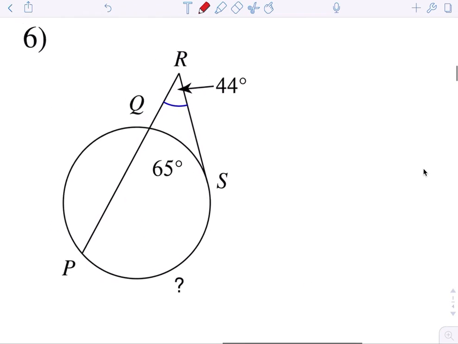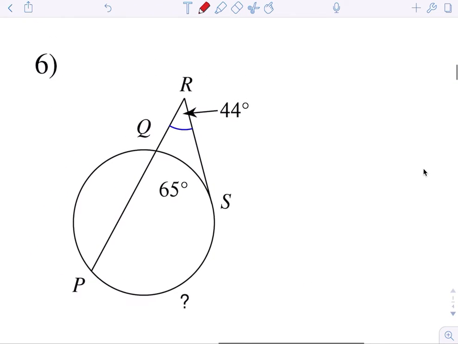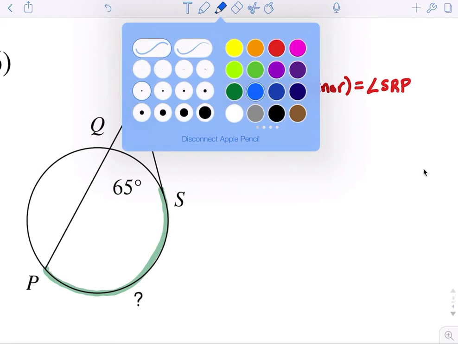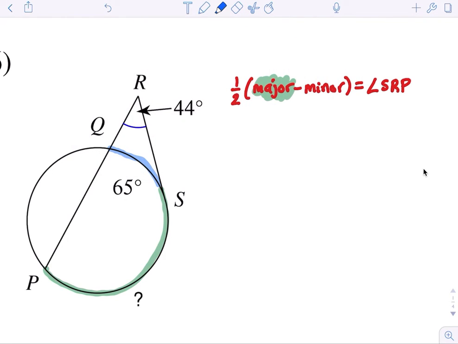Number 6. Okay, so this is 1/2 the major minus the minor is equal to the angle, angle SRP. All right, so here is the major arc, and this one is the minor arc.